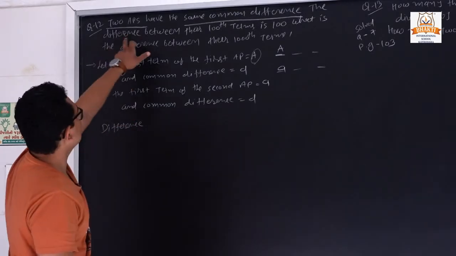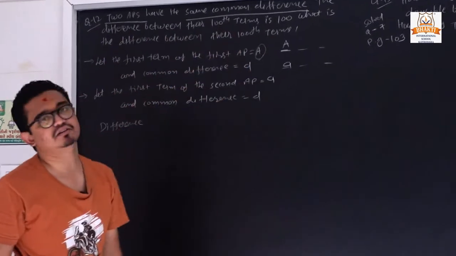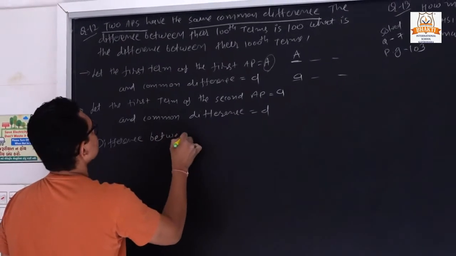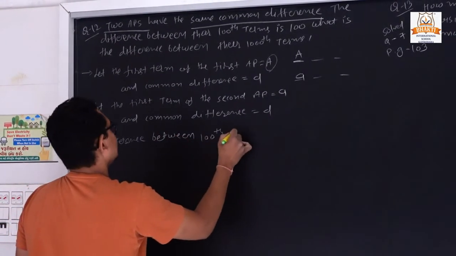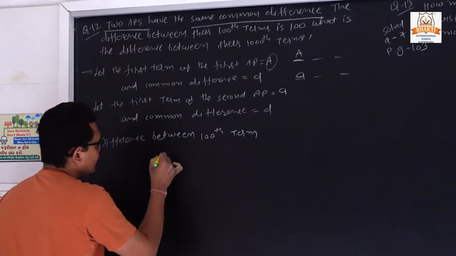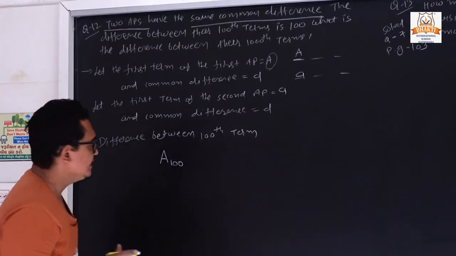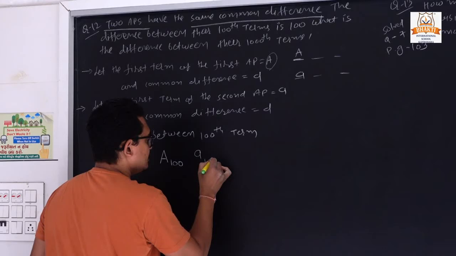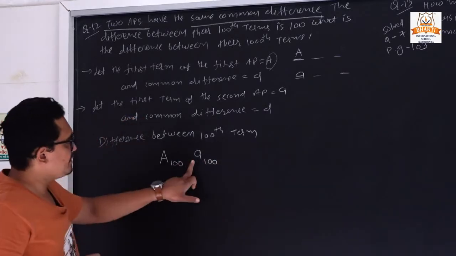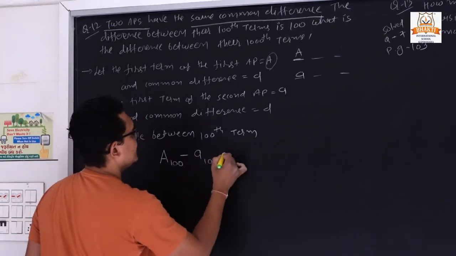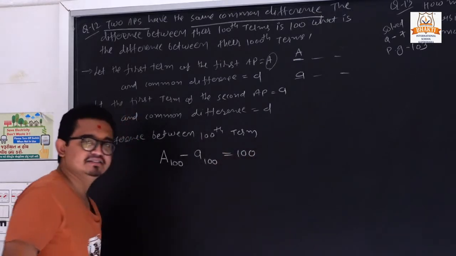Now they are saying what? The difference between their 100th terms. So the first series' 100th term is A100 and the second AP's 100th term is a100. So the difference is given, it is 100.